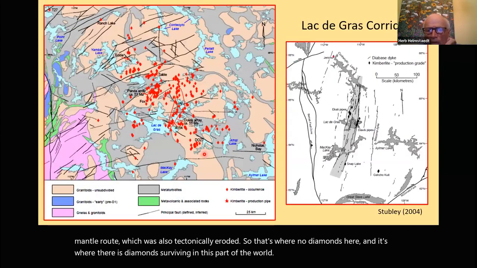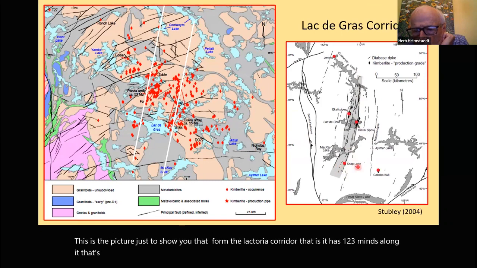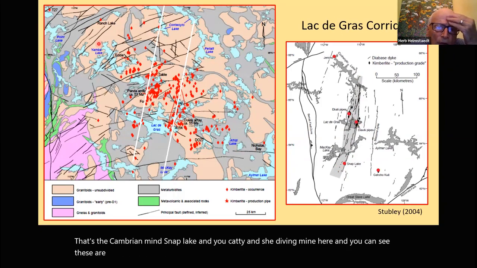This is the picture just to show you that dike swarm, the Lac de Gras corridor. It has 1, 2, 3 mines along it. That's the Cambrian mine, Snap Lake, and the Ekati and the Diavik mine here. And you can see these are the pipes that are known of the Lac de Gras kimberlite field.